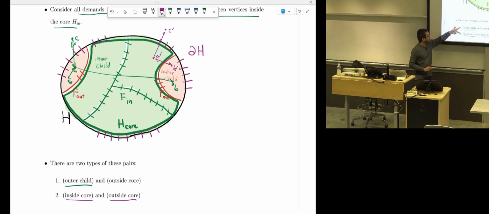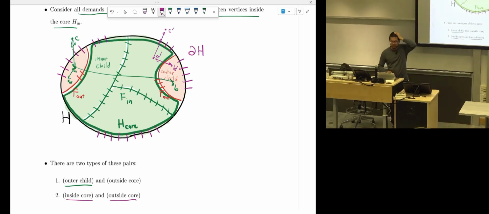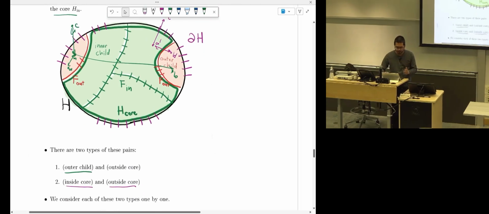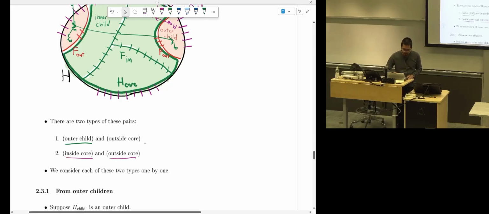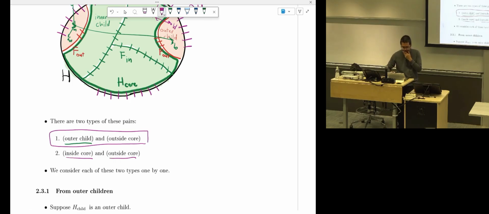So I just separate them into these types. We take care of each of these types separately. Let's consider this first type, when one endpoint is in the outer child and another one is outside the core.